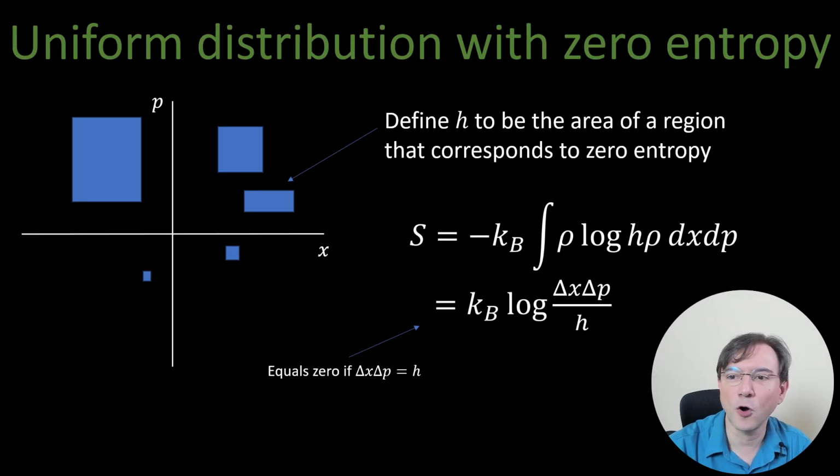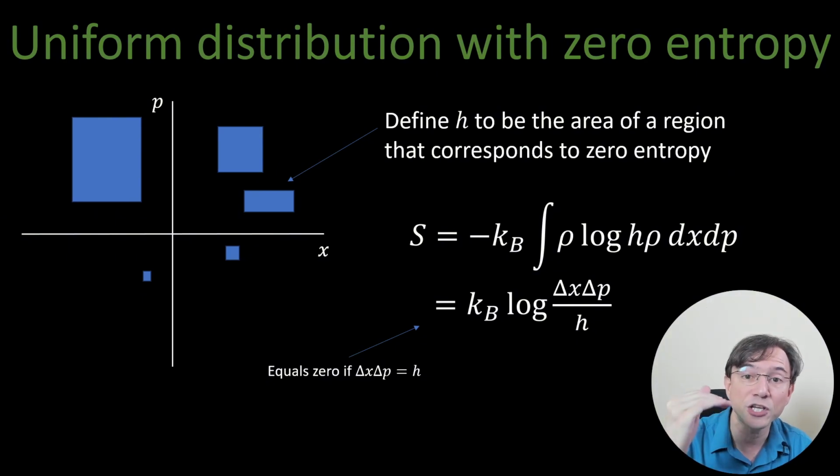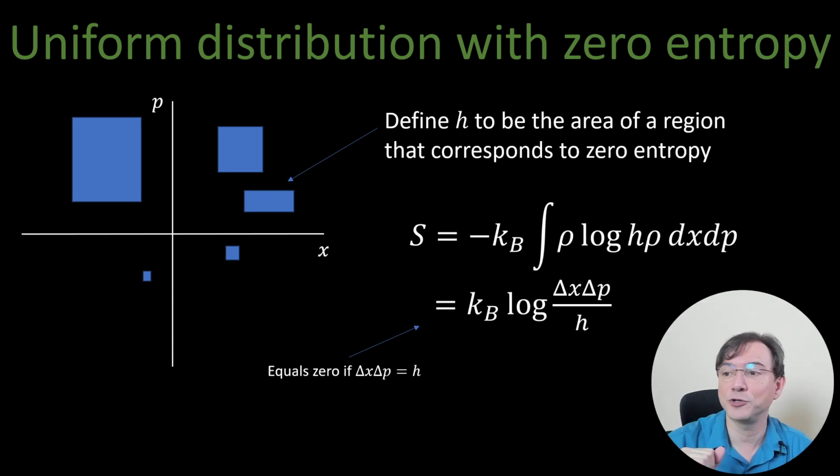Well, as we said before, we can shrink a uniform distribution, and while we're shrinking, we are going to decrease the entropy more and more. At some point, we are going to hit a uniform distribution that has zero entropy. And that uniform distribution is going to have a support, an area over which that distribution is defined.